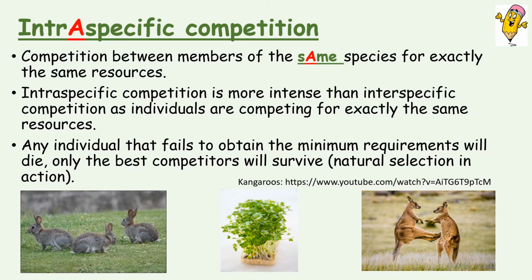You can watch the kangaroos competing together if you click on the link, but other examples would be rabbits competing for grass, cress seeds competing for soil nutrients, and you can remember that intraspecific is for competition for the same resource because intraspecific has an A and the same has an A. So intraspecific is the same species competing for the same resource.